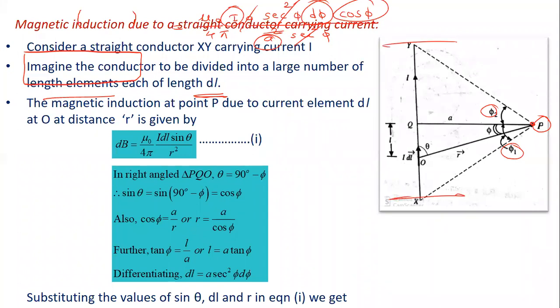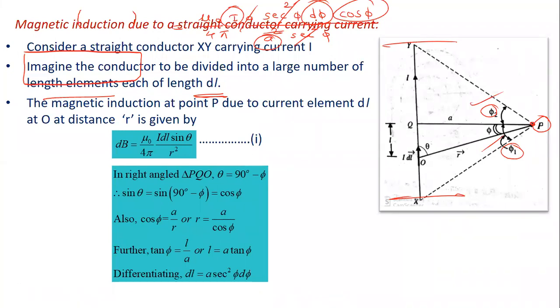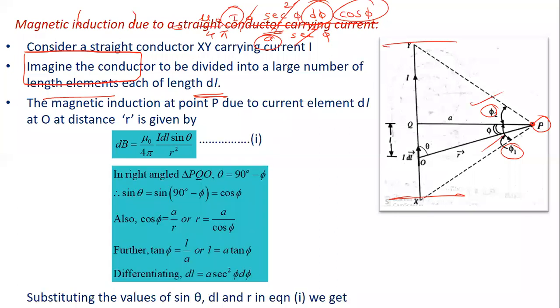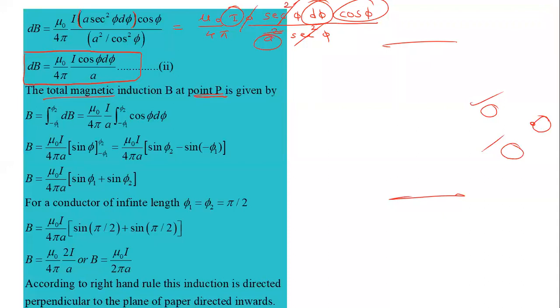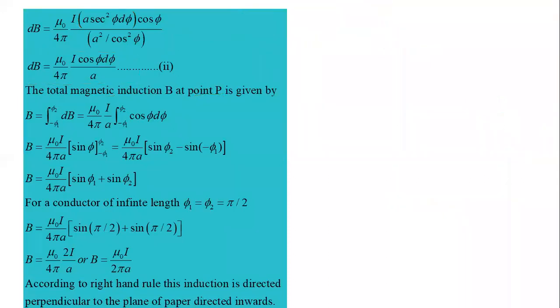So we consider these phi 1 and phi 2 angles. Now, integrating dB, equation number 2, we get the total magnetic induction.